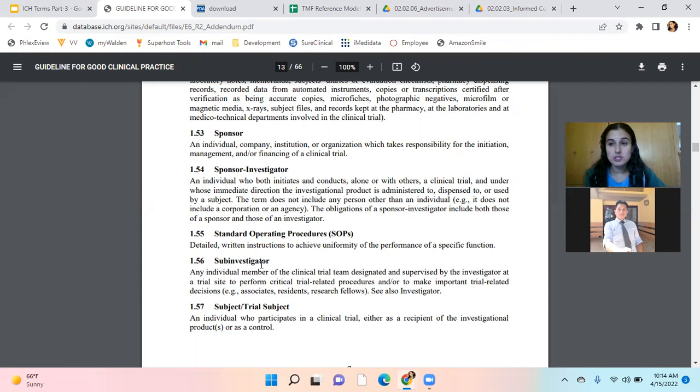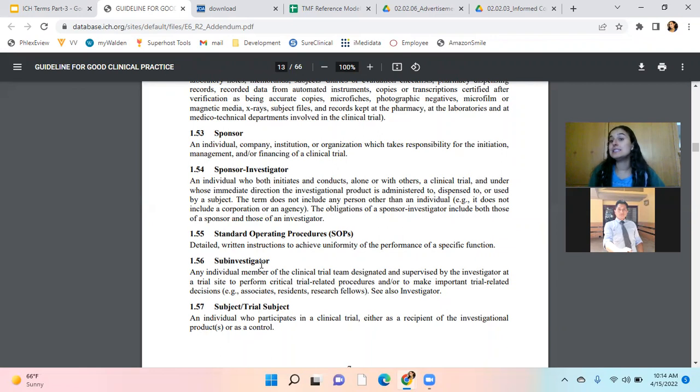Okay, sub-investigator. We talked a little bit about this, but these terms should be familiar to you. This is basically the non-head doctor, right? You have a PI, a principal investigator, and then you have a sub-investigator. Usually you might have multiple sub-investigators, and certain places will cap it, saying you can have one principal investigator and 2 or 3 sub-investigators. There are a whole bunch of different reasons behind that, but if you get too many, which is actually a common trend in the US, it can make it so that people aren't as familiar with the study.